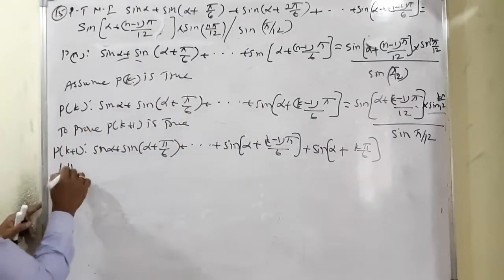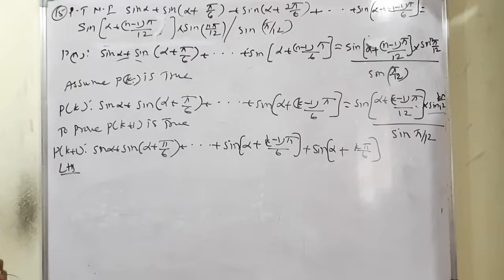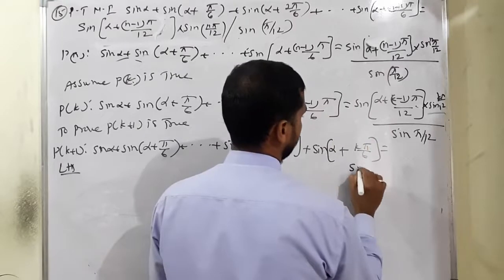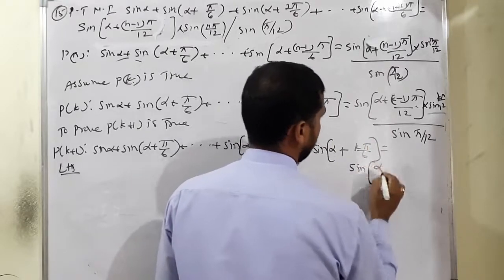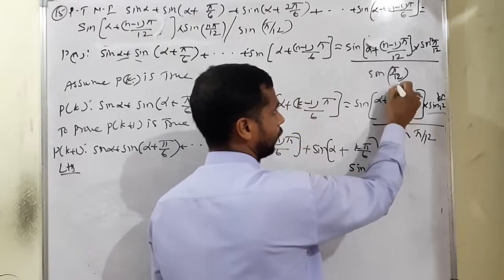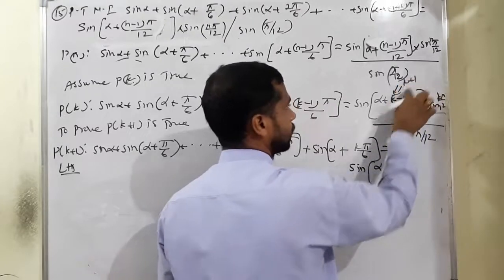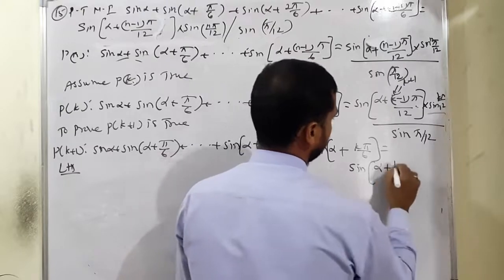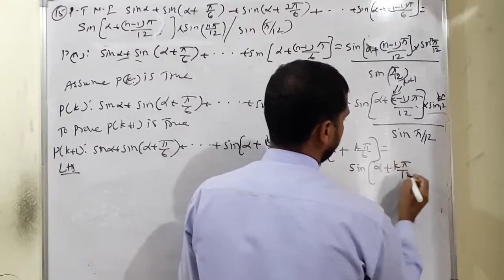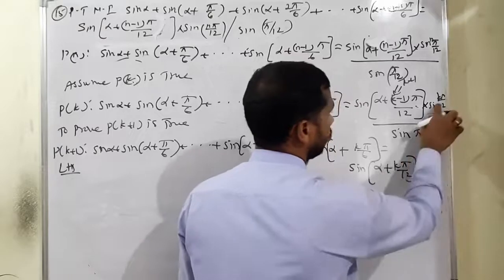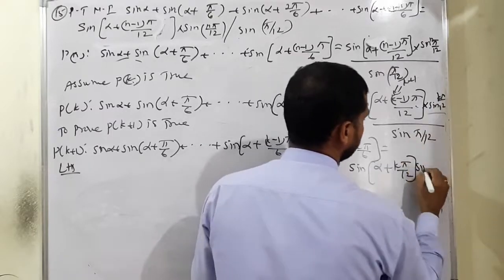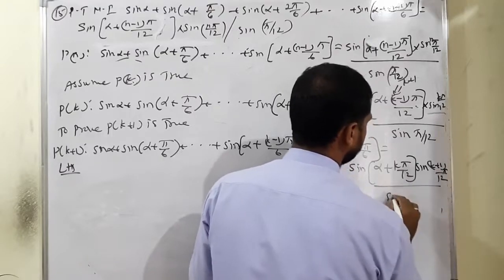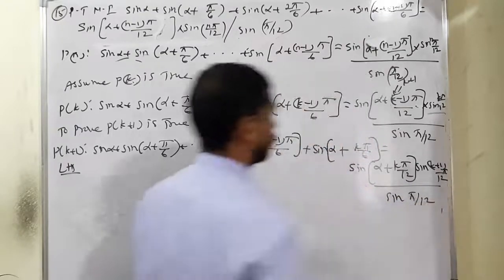Now the opposite side is equal to sin of alpha plus, here also instead of k take k plus 1, plus 1 minus 1 cancel, only k balance, therefore k pi by 12, alpha plus k pi by 12, then outside also sin of (k plus 1) into pi by 12, the whole term divided by sin pi by 12.